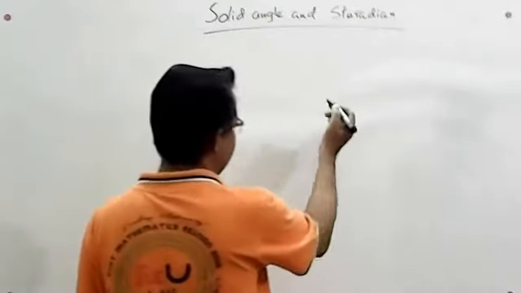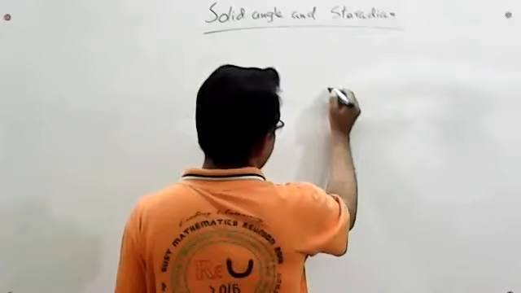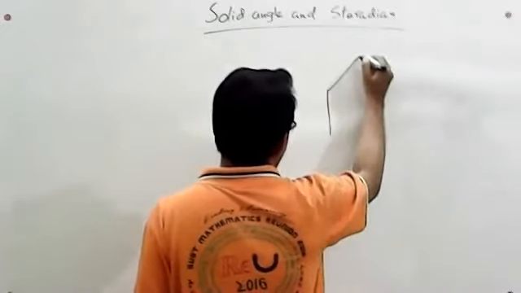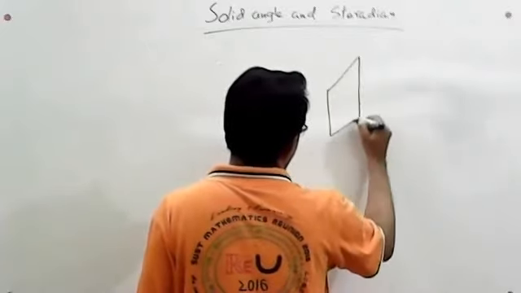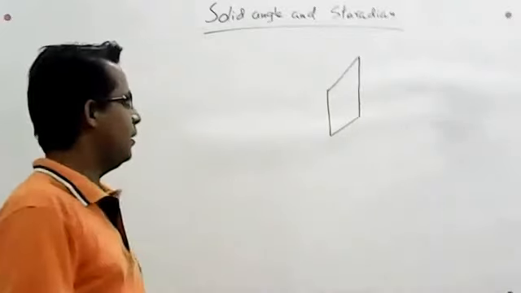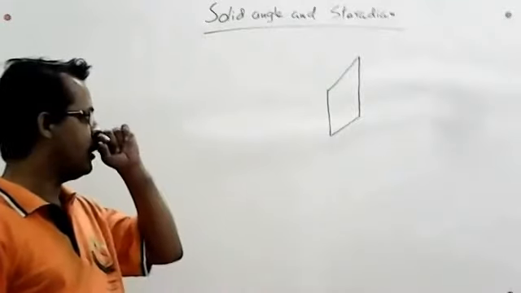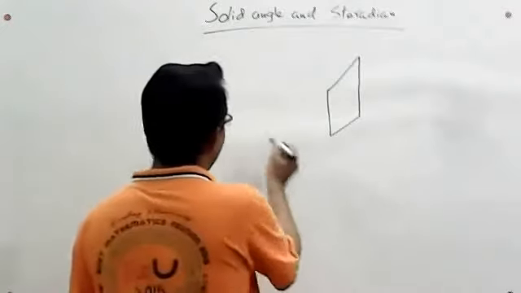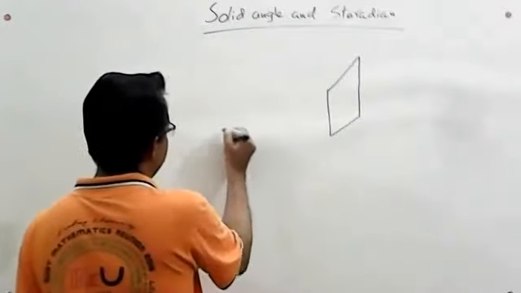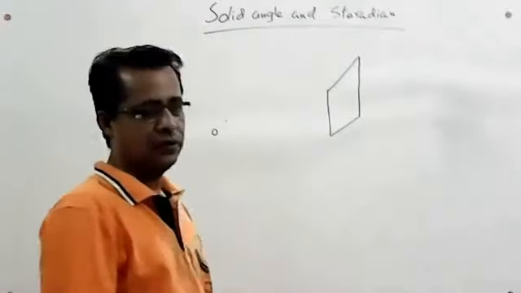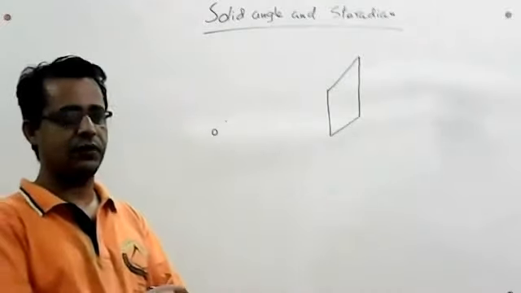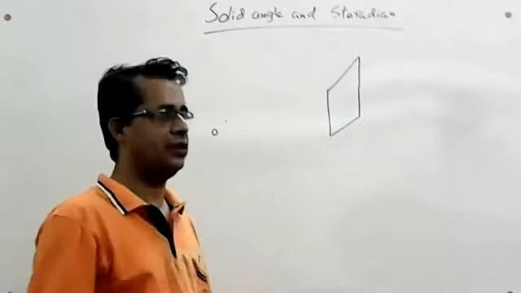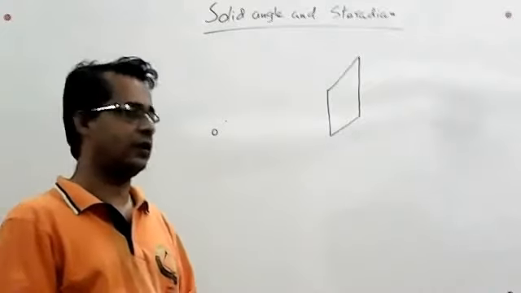Suppose we have a surface like such. This is the surface. Now we have to measure the area of this surface. And here is the point O. So, first of all, we would like to make a concept for solid angle, or what is meant by solid angle.